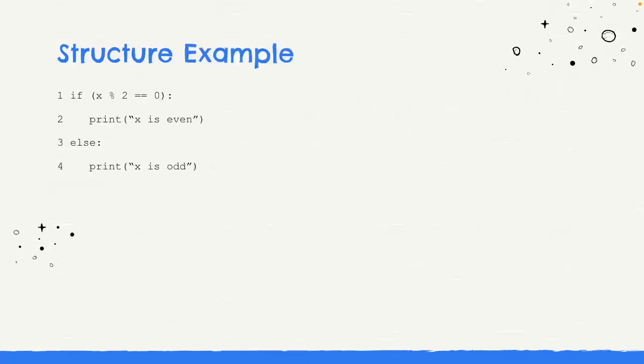So as an example, I checked if the number is even. So let's say x is defined somewhere else, if x mod 2, so if the remainder of x divided by 2 is equal to 0, then I print x is even, and else, so if it's not even, you print x is odd.